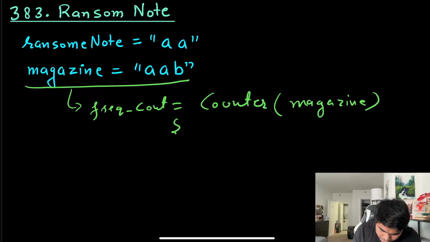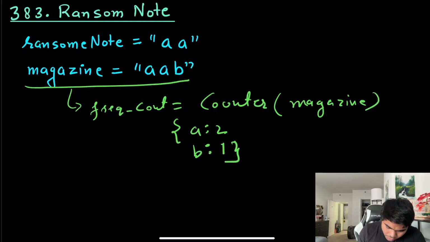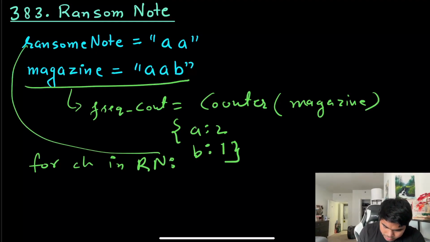This will give me a dictionary: A appears twice and B appears once. Now I will go over all the characters in my ransom note. I'll just call it RN, ransom note.